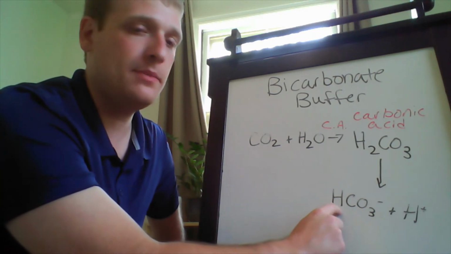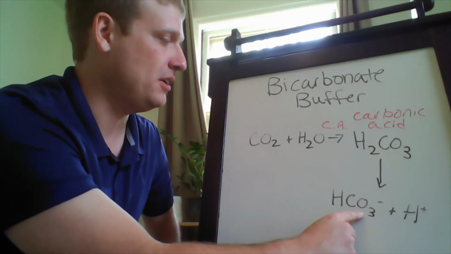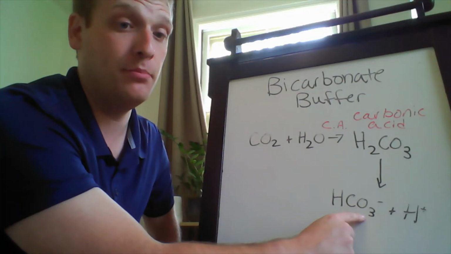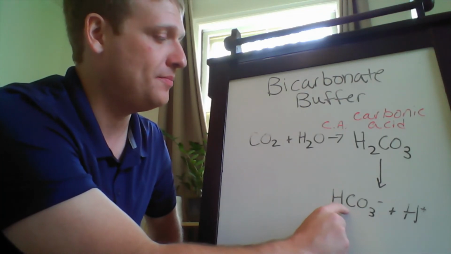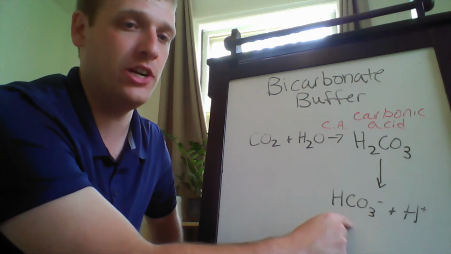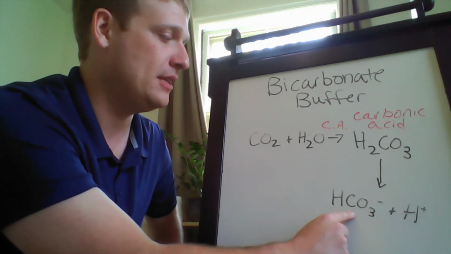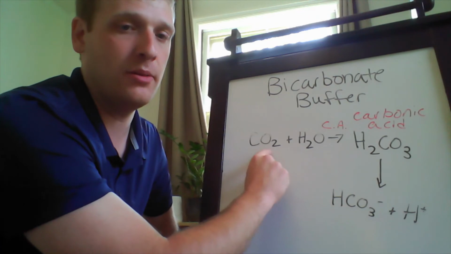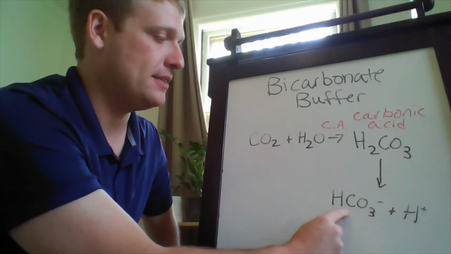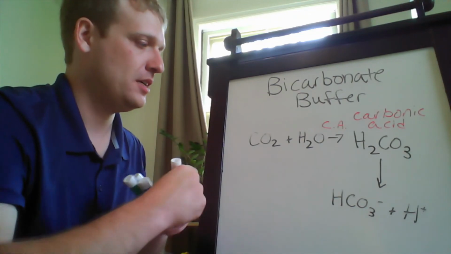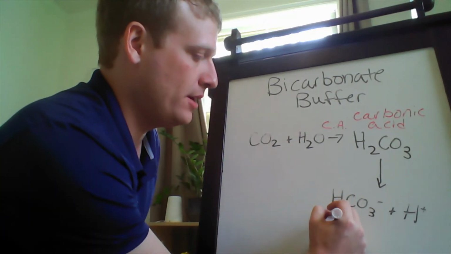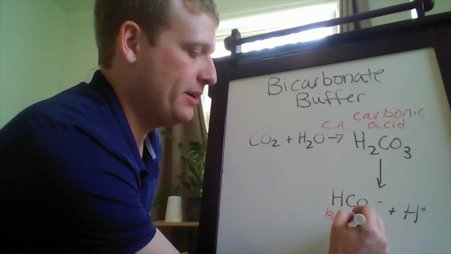These bicarbonate ions are ultimately formed by red blood cells and released into the plasma. And so this is how carbon dioxide is generally transported in the blood, not as free carbon dioxide, but as this bicarbonate ion. So this HCO3 is bicarbonate.